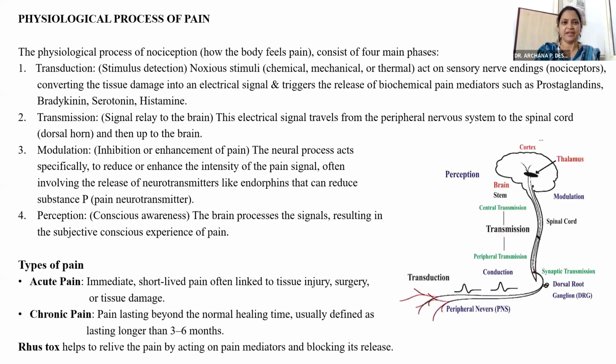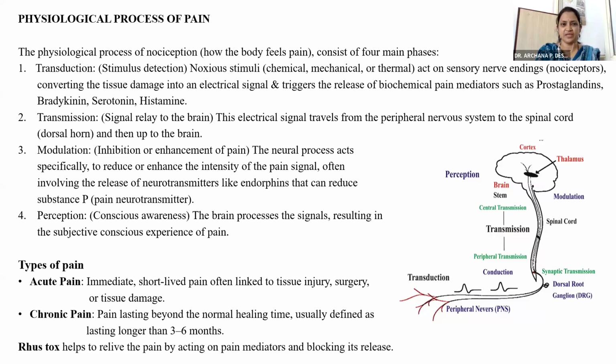Related to the pain physiology, we should talk about transduction, transmission, modulation, substance P, and perception. These are the four stages through which we feel pain in the pain pathway. Transduction is the stimulation of the sensory nerve endings, of course through the nociceptors, which occurs at the tissue damage. Transmission is the electrical signals through the PNS, the peripheral nervous system.